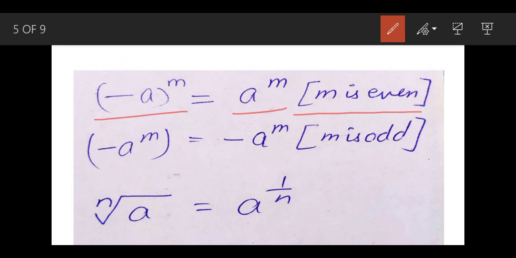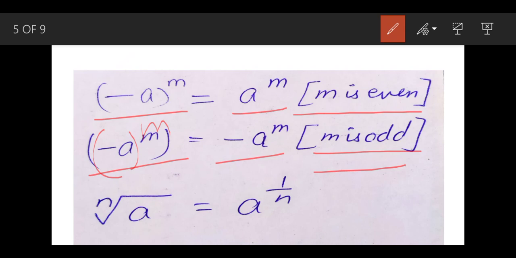But if m is odd, then minus of a to the power m will be equal to minus of a to the power m.